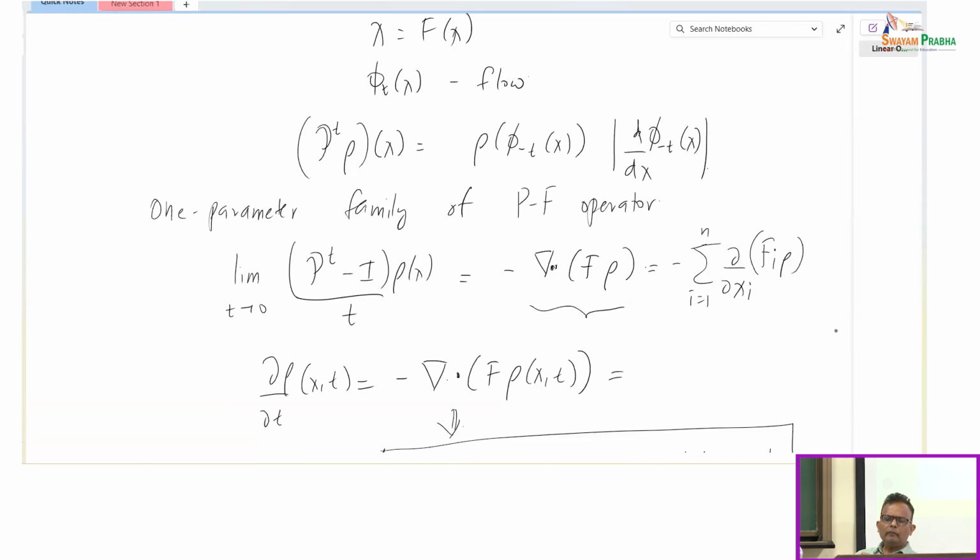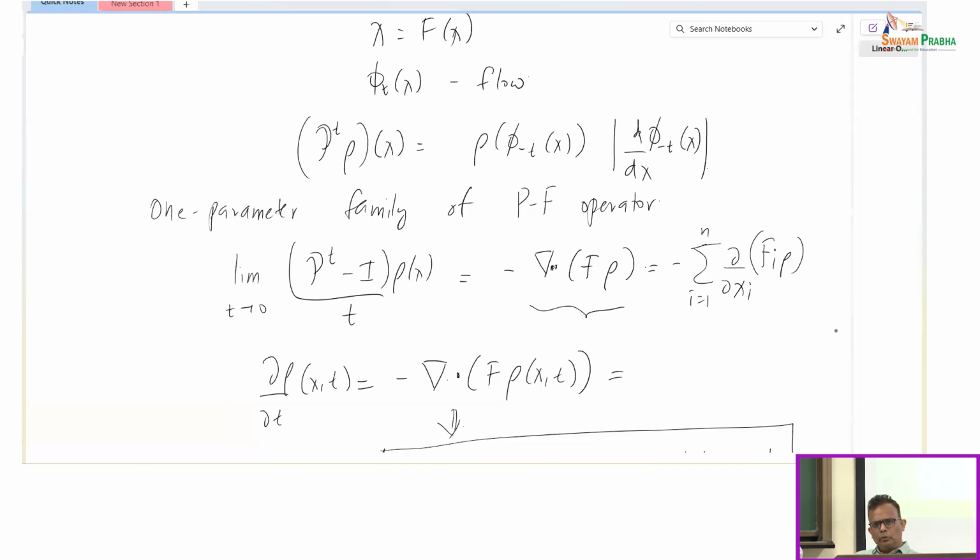And I will tell you later, when it comes to control, this Perron-Frobenius operator has some very interesting properties, which come in very handy when you try to design controllers using this operator framework.